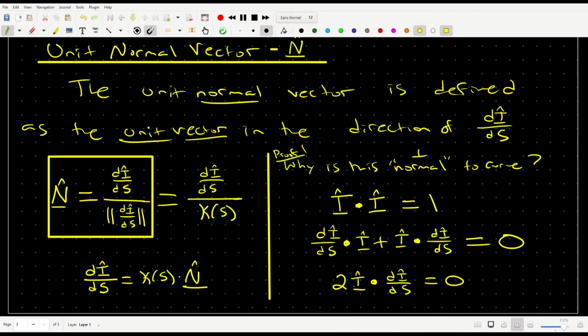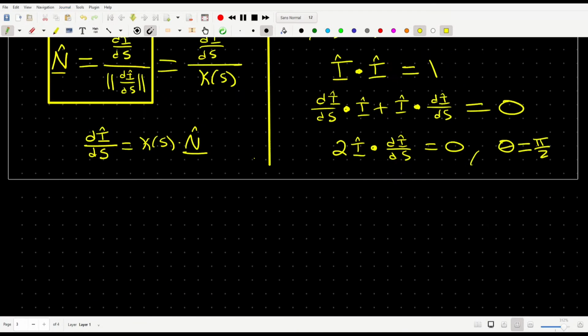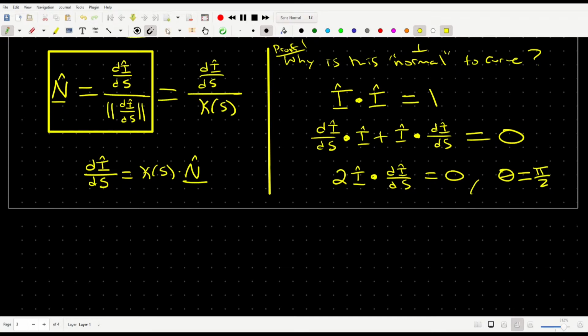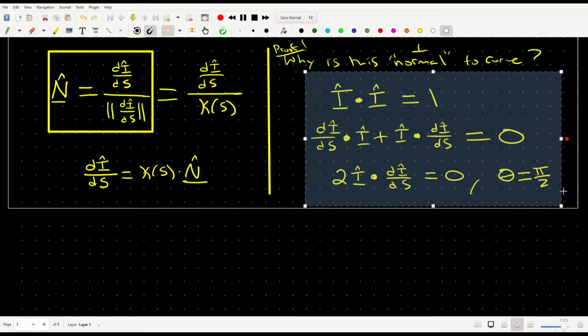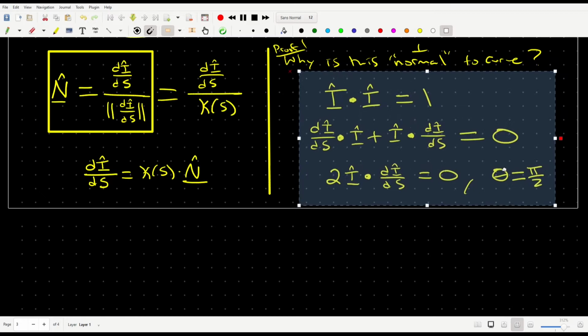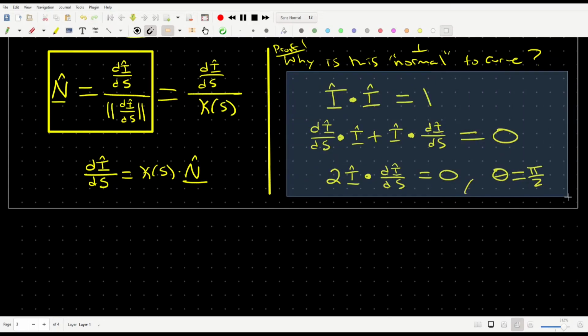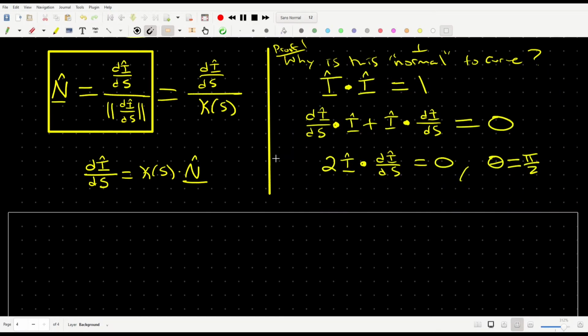And if t hat dot product with dt hat ds equals 0, then the angle theta between these two vectors must be equal to pi over 2, or 90 degrees. So t hat must be perpendicular to dt hat ds. And therefore, dt hat ds is normal to the curve, or points in the normal direction.